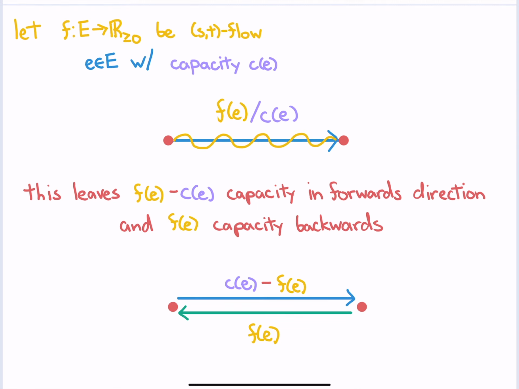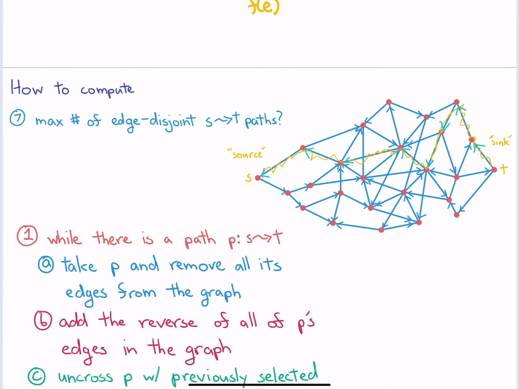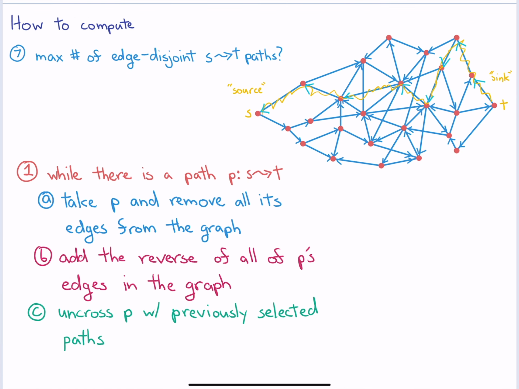Just to do it a little bit more slowly: more generally, if I have some capacity and some flow, I have some remaining capacity in the forwards direction, and I add capacity in the opposite direction equal to the size of the flow. This is from before, but now we want to compute flow.